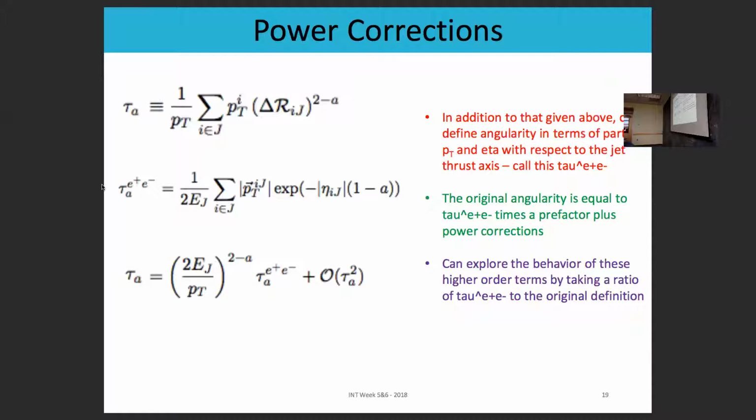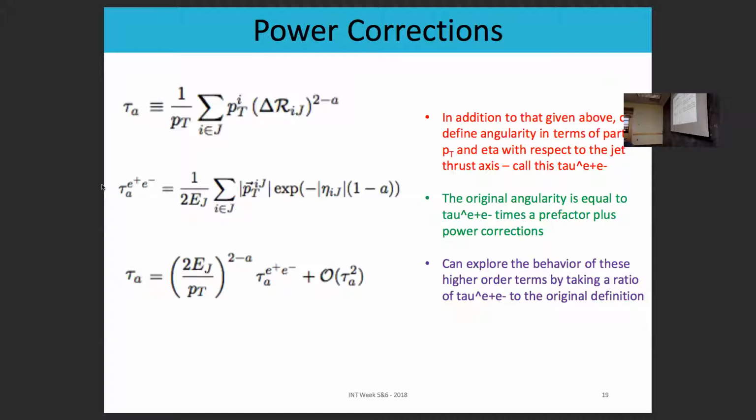But for this formula, the particle pT and the particle rapidity are defined with respect to the jet thrust axis. So instead of the event axis, we transform so that our jet thrust is the z-axis, and then we measure pT and eta, normalized by the energy of the jet.